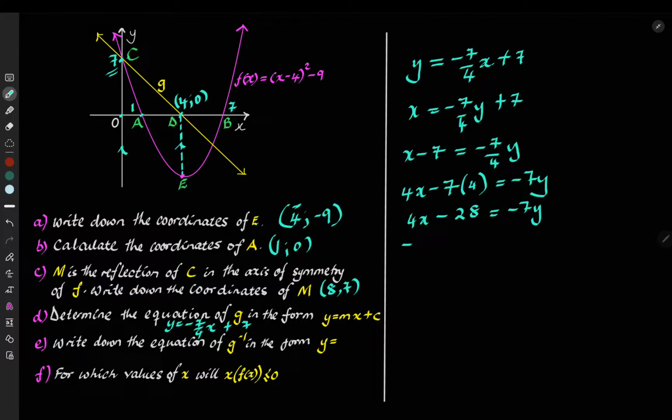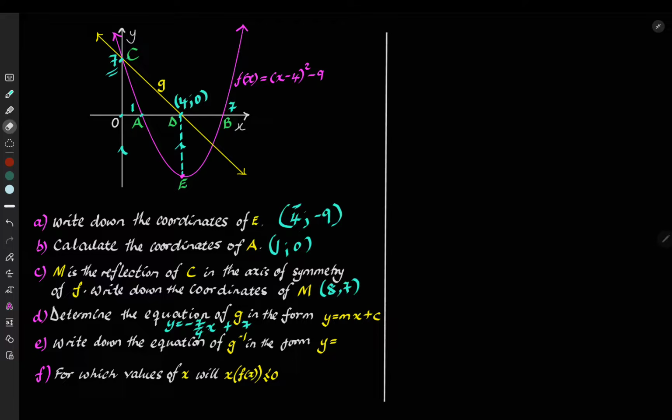Then negative 4 over 7x, and then that will be plus, because negative 28 divided by negative 7 is plus 4, is equal to y. So then the equation of the inverse of g will be y is equal to negative 4 over 7x plus 4. And that is how you do the inverse of that graph. Let me know what you think.